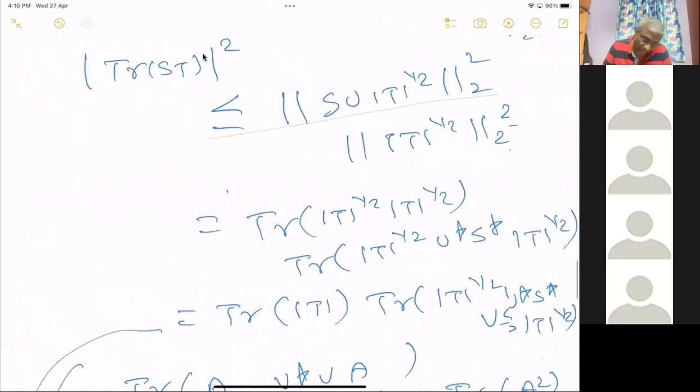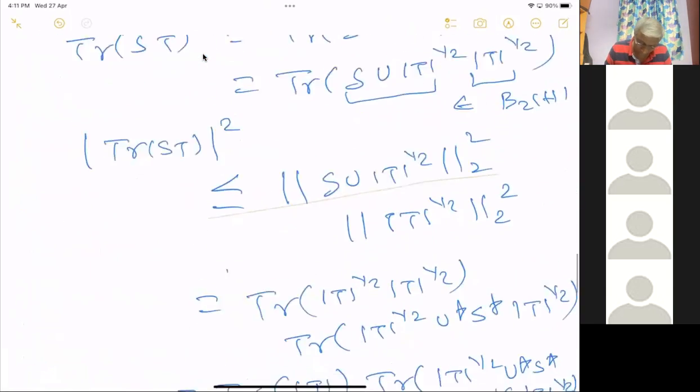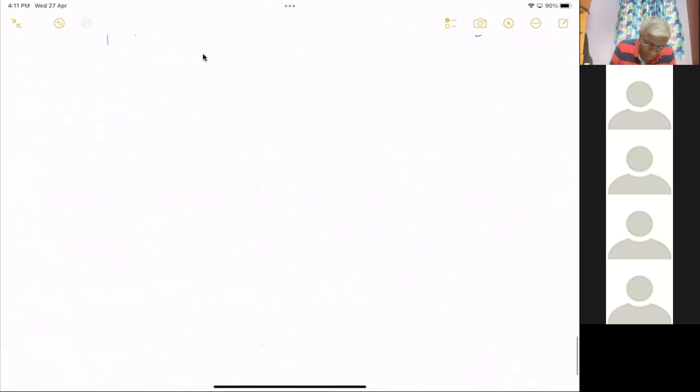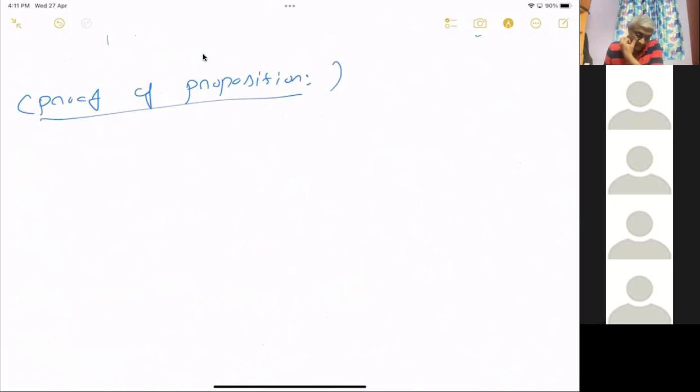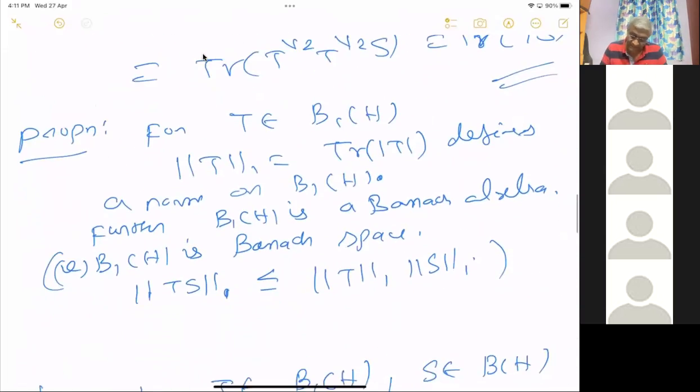So finally, we want to prove the following: for T in B1(H), the collection of trace class operators forms a Banach algebra. That's what we want to prove. Proof of the proposition. First, we have defined the norm to be like this.